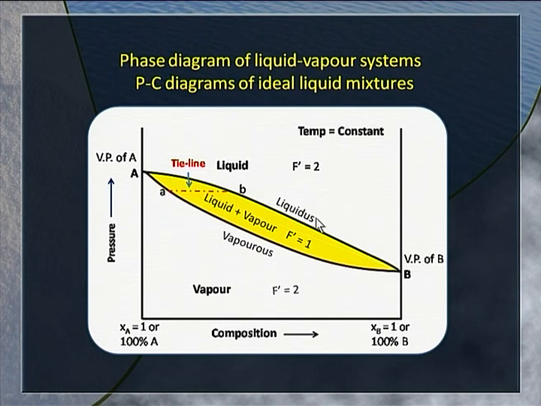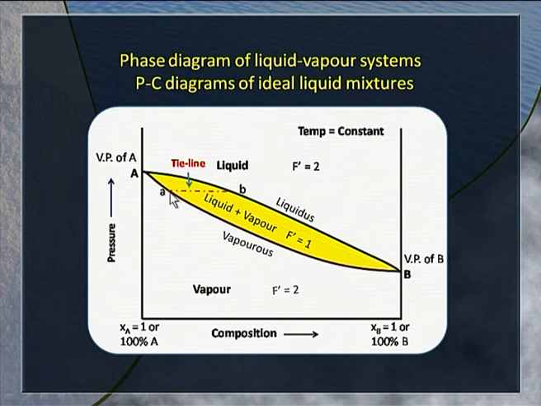Liquidous indicates that above this curve only liquid phase is present, and vaporous stands for a situation where below this curve only the system is present in vapor phase. Between these two we have liquid and vapor in equilibrium.